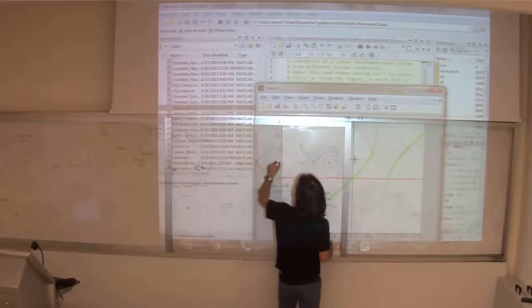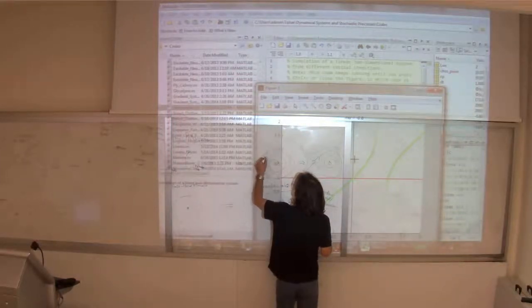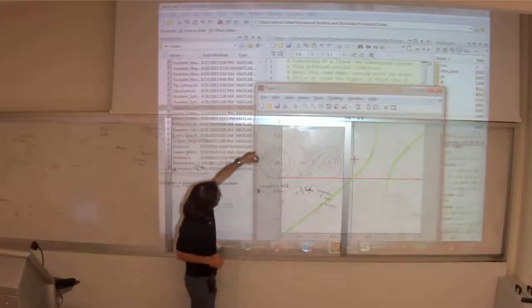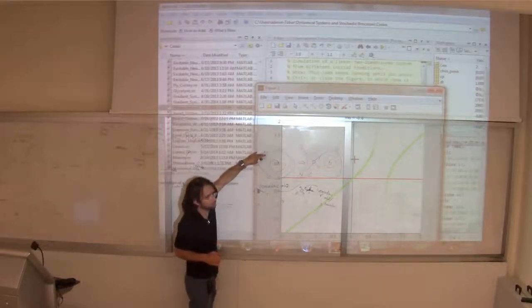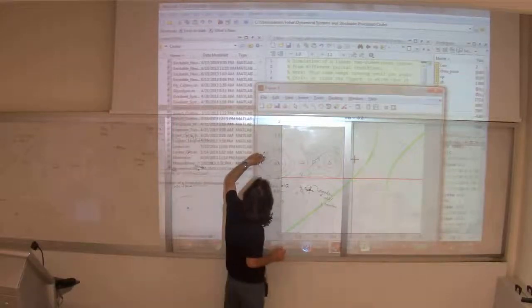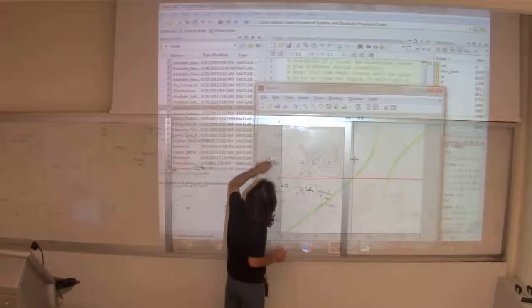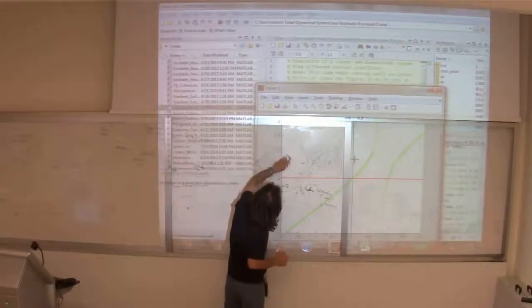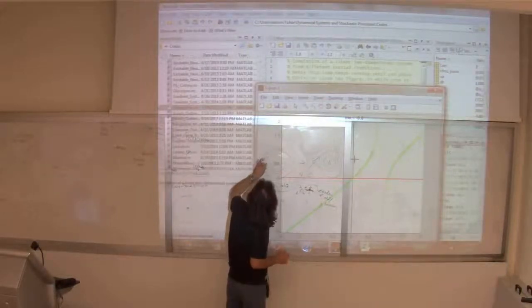And here, in this case, the spiral will go into the saddle next to this. Actually, I'm not sure what happens with the spiral.